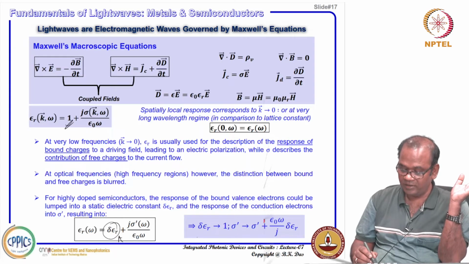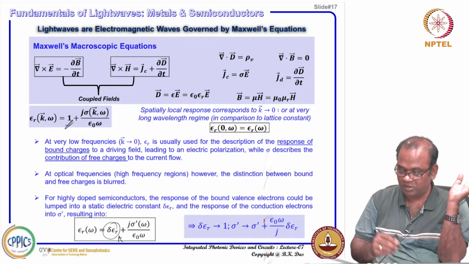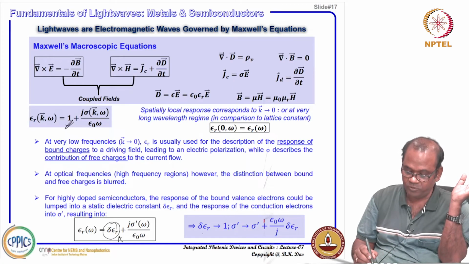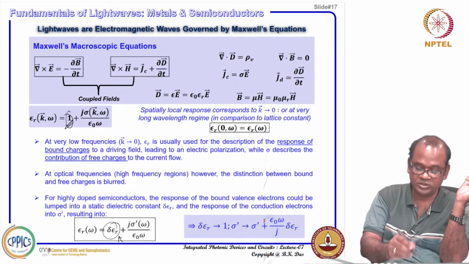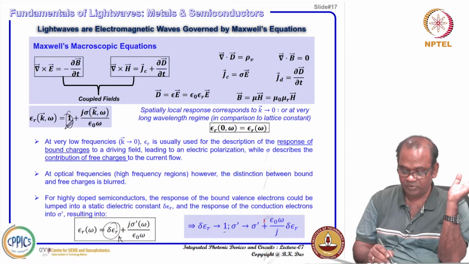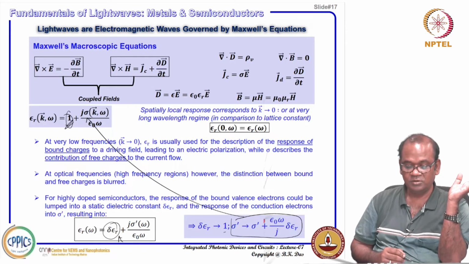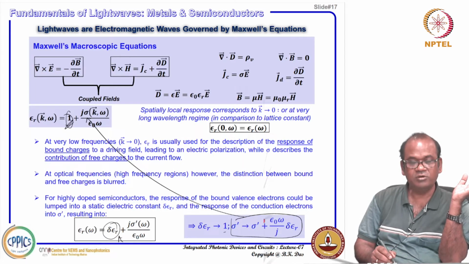Or you do not need to put the bound state contribution separately, a little modification: you can keep it as 1, as it was earlier, but this sigma prime, that conductivity, can be modified like this. If you modify this and put the sigma value here, it will give you the same results.